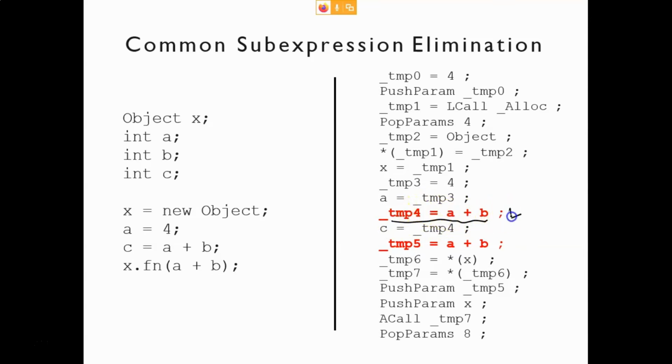Now after this, here also you are computing a plus b and putting it into T5. But you can see in between these two statements, neither a is changing nor b, nor T4. None of these values is changing. So you don't have to calculate this again.